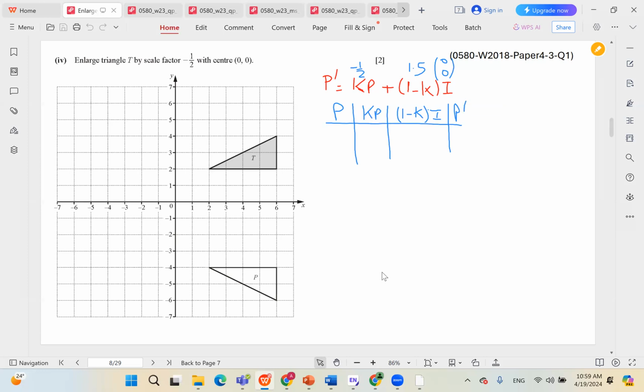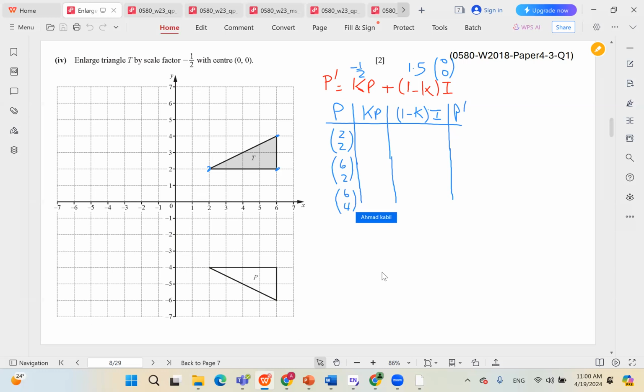Let's just extend the table a little bit. So let's get the coordinates of triangle T. Make sure to use the correct triangle, not triangle P, but triangle T. So we have these 3 points here. We have 2, 2 for the first one, and then we have 6, 2, and finally, we have 6, 4.